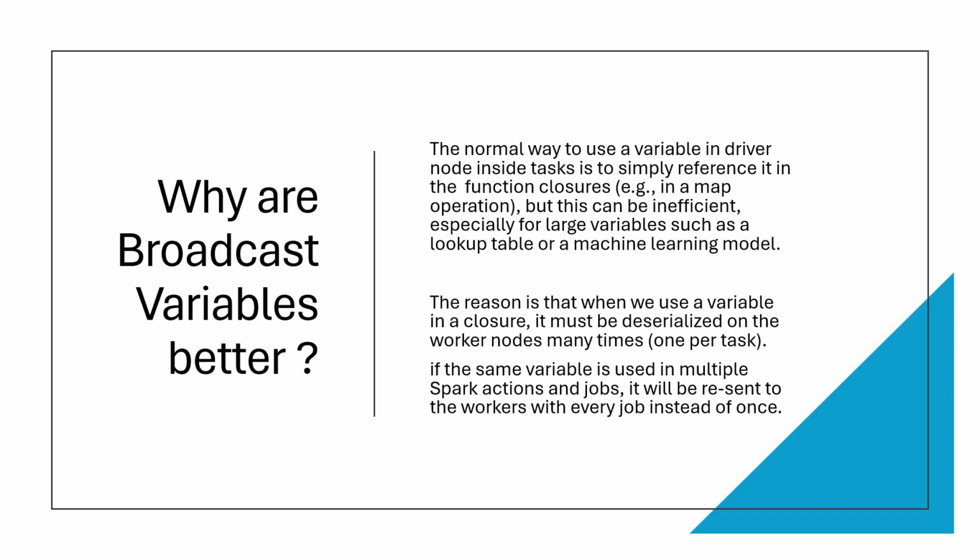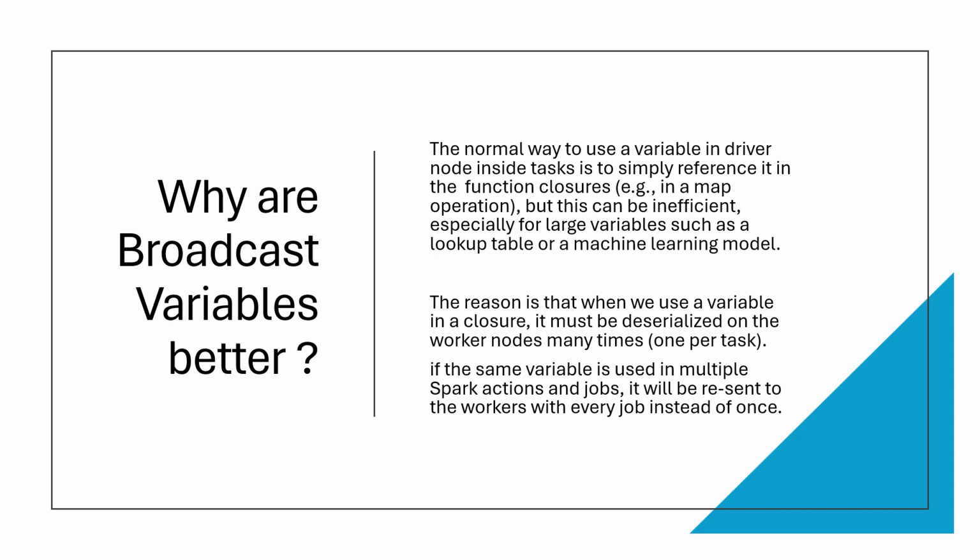Specifically when we are talking about large variables like lookup tables or machine learning models, these are huge. When I say huge, it's definitely not in terabytes, but still it is huge, right? So in that case, we do not want to share it as a normal variable inside a function closure. That is where we want to use this.